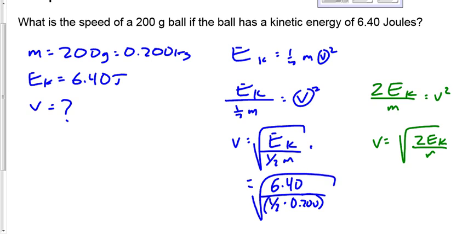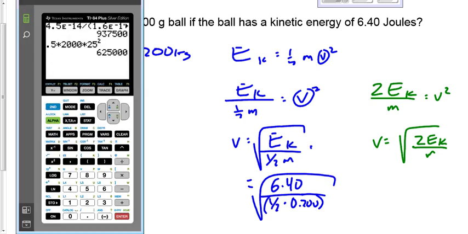Okay, let's do this on the calculator. Let's say square root, bracket, 6.4 divided by, do another set of brackets for the denominator, 0.5 times 0.2, hold on, end the brackets on the bottom, and then end the brackets that went around the whole thing.